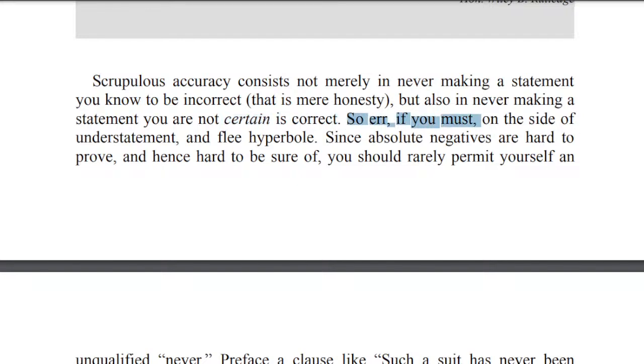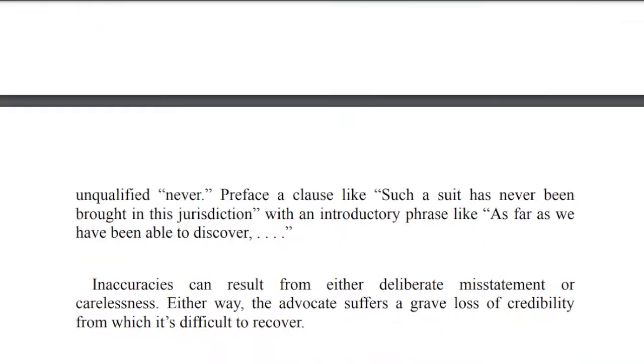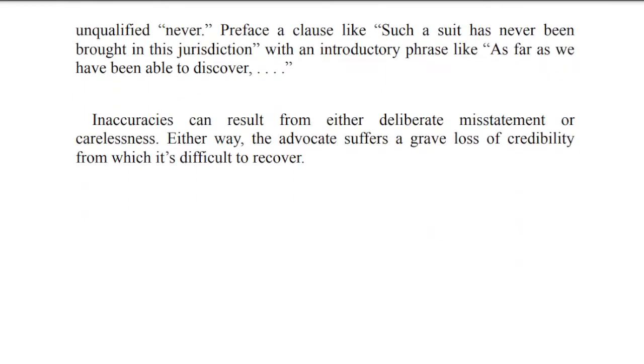So err, if you must, on the side of understatement and flee hyperbole, since absolute negatives are hard to prove and hence hard to be sure of. You should rarely permit yourself an unqualified never.